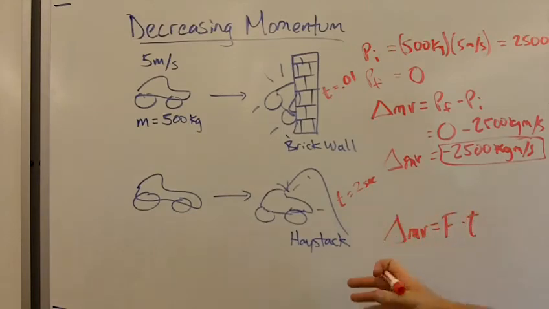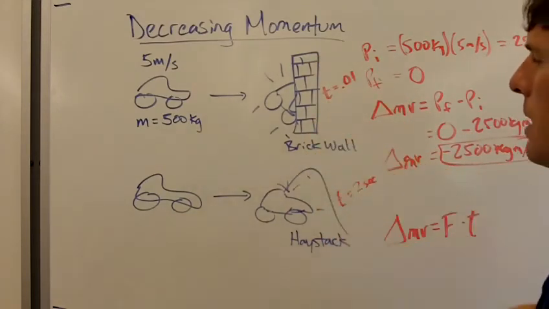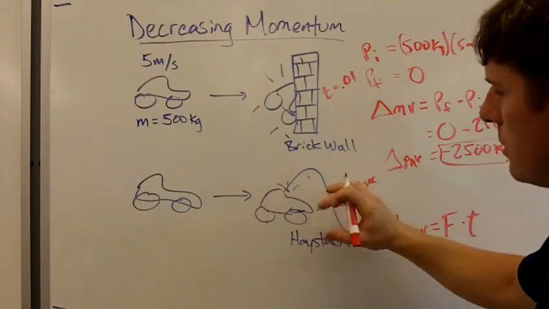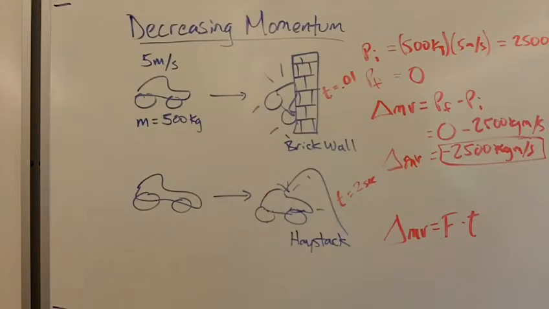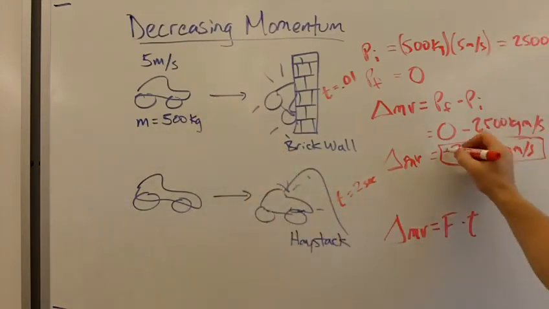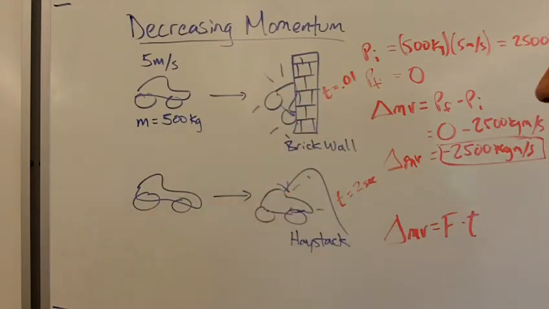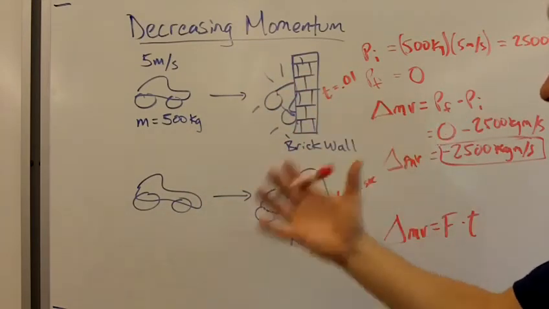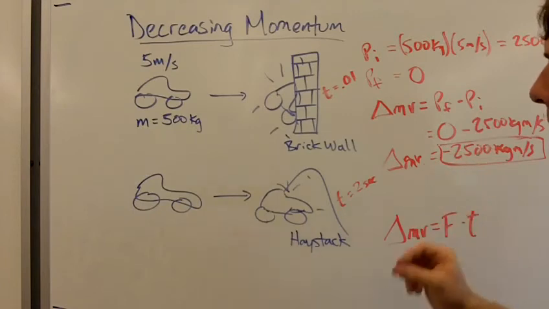And the reason for that is because the impact time is short, thereby increasing the impact force, whereas down here the impact time is long, thereby decreasing the impact force, but the overall impulse, the change in momentum, is the same for both cars. This is just like that watermelon example where we drop one off the diving board, we drop one onto the deck and one in the water. The impulse is the same, the time of impact and the force of impact are what vary.